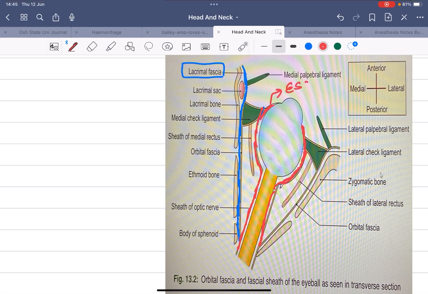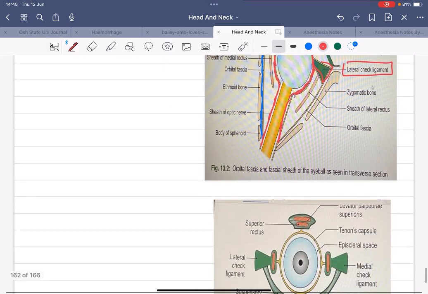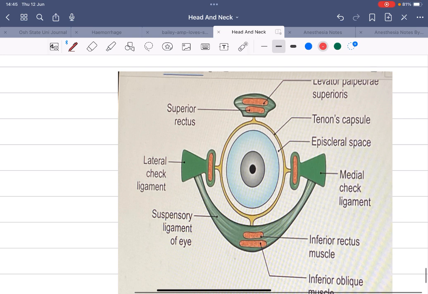Okay, and these extensions are known as lateral check ligaments and medial check ligaments. Okay, lateral check ligaments and medial check ligaments, they are the expansions of these sheets. Now see this diagram. Now see here, this is your which fascia?